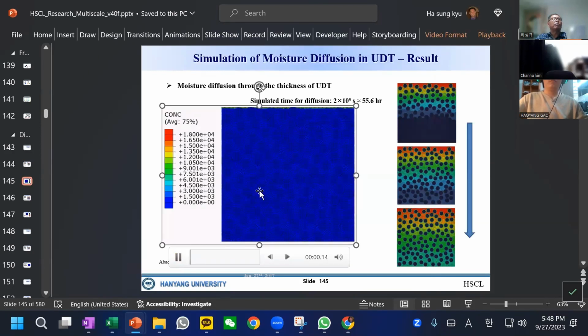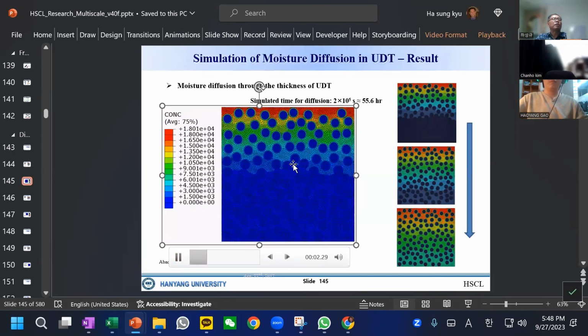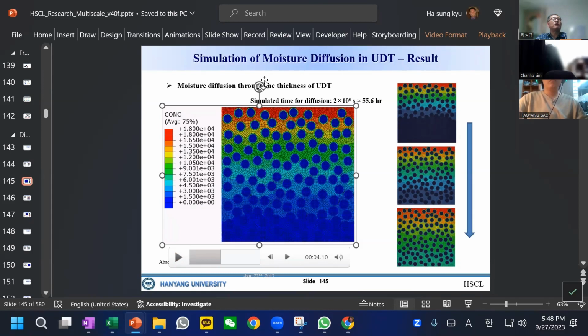You know, this is the moisture distribution. Moisture distribution means that when exposed to moisture outside, the moisture will diffuse into the composite, and then will degrade the material properties of the composite, and this can also be simulated.